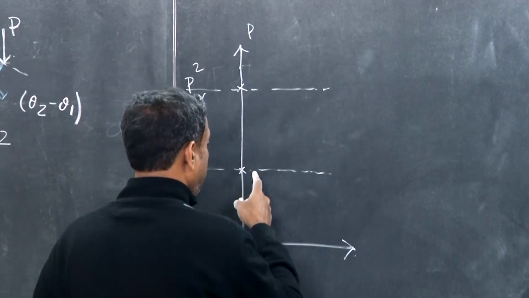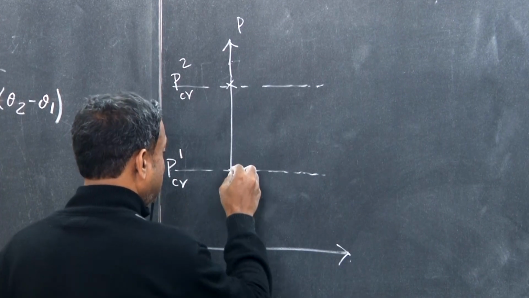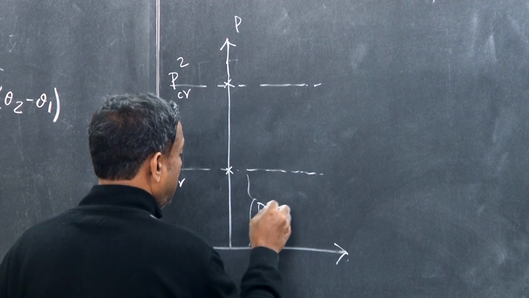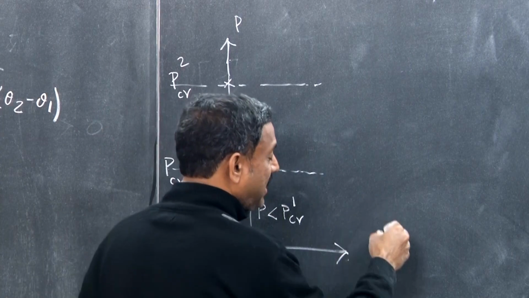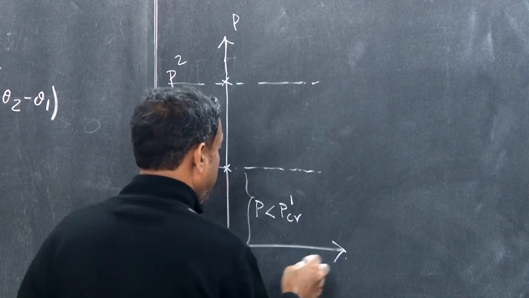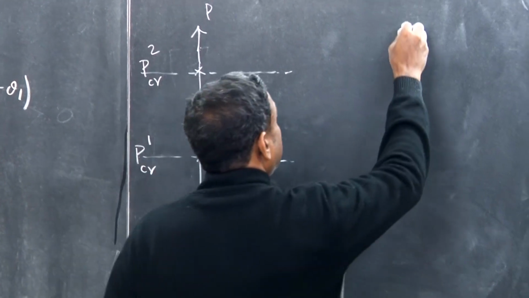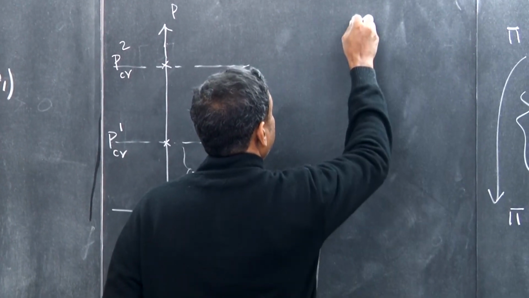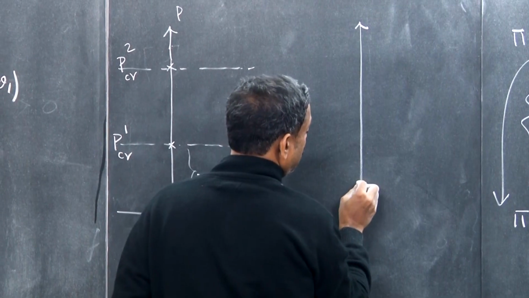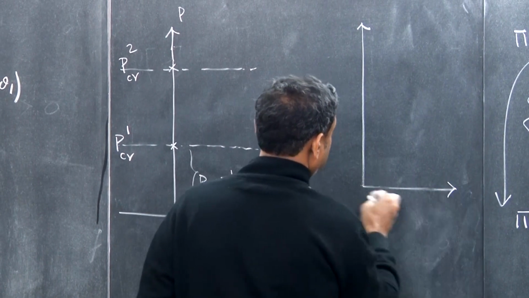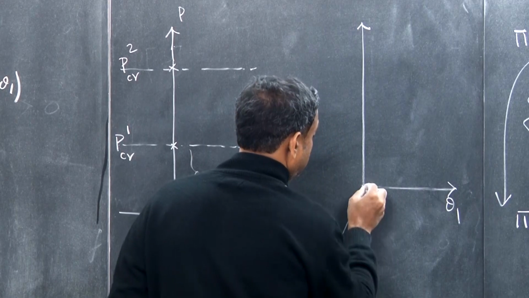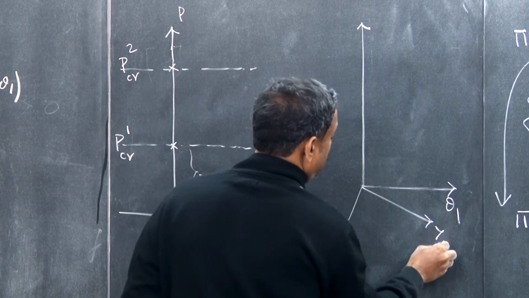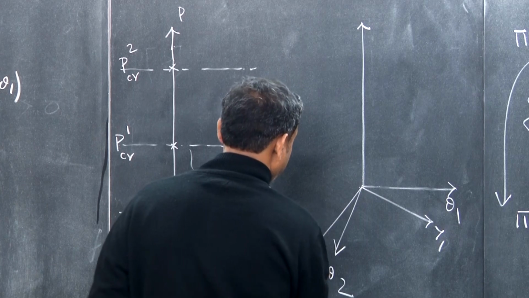So, here when P less than PCR, this regime, stable regime, P less than PCR1, this regime, the potential energy functional will, so here it is, I will now define potential energy functional, I am going to plot, okay. This is theta 1, this is theta 2, theta 1, theta 2, okay. And this is y1 and this is y2.